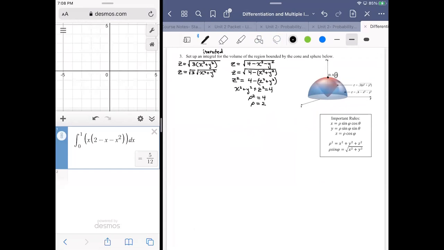A nice little relationship that we get from this is, if you look over on the side, and there are important rules. We know that z is equal to rho cosine phi. And we also know that the square root of x squared plus y squared is equal to rho sine of phi.